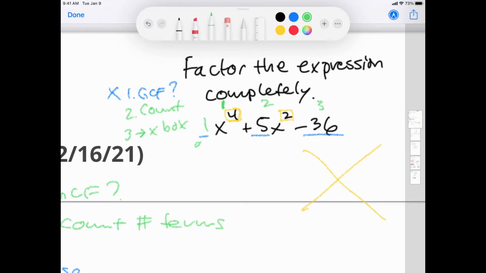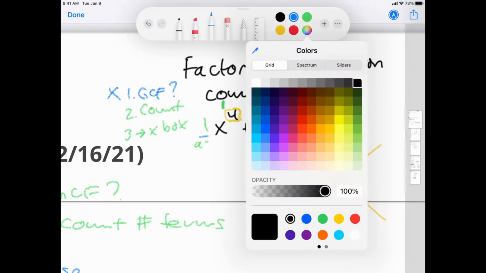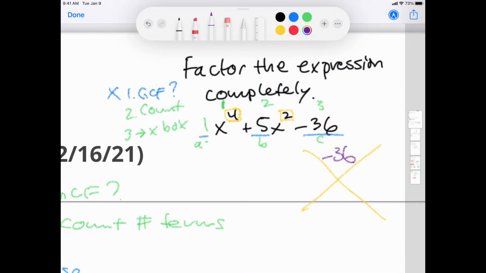So this is 1, so A is 1, then B and C. So I have A times C is going to be negative 36, and your B value here is going to be 5. So I need 2 numbers that multiply to be negative 36.